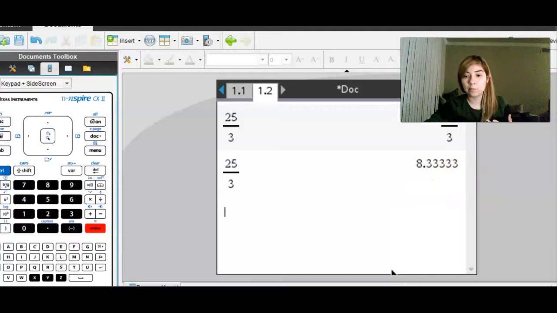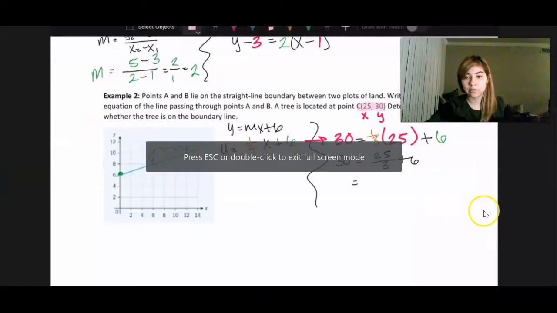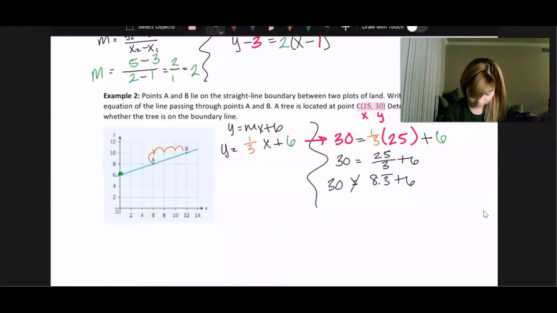So it's about 8.3 repeating. So this obviously does not equal 30. Since this is a false statement, no, the tree does not lie on its boundary line.